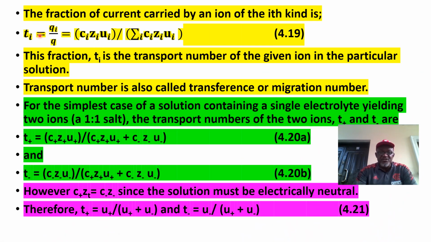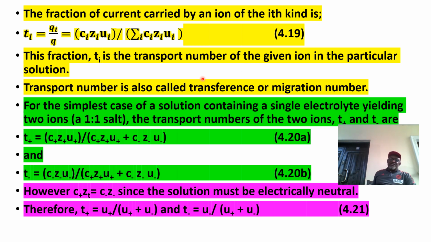Therefore, Ti, which is the fraction of current, will be equal to Qi divided by Q. That means Ci Zi Ui divided by the summation, that is, the total of everything there. This fraction is the transport number.